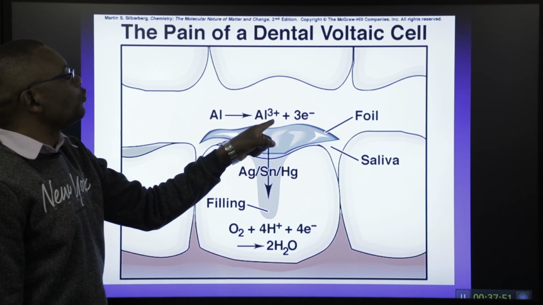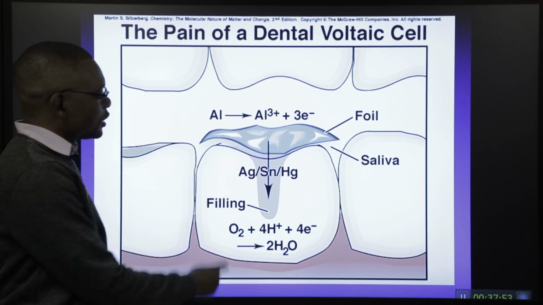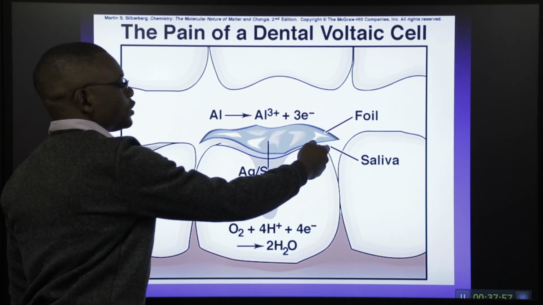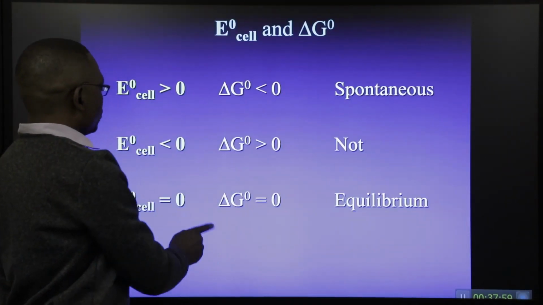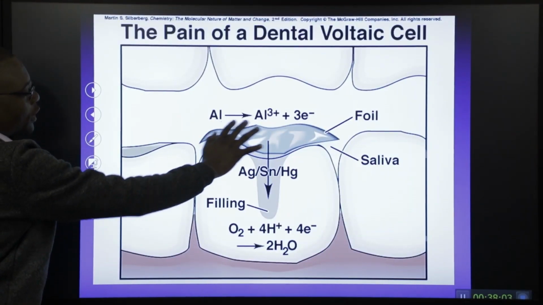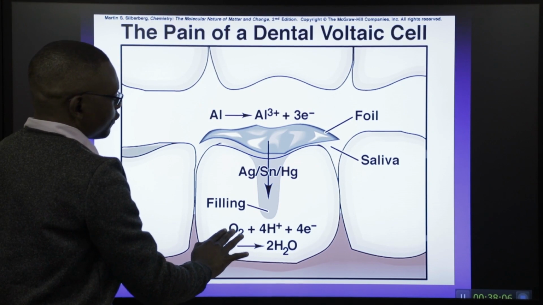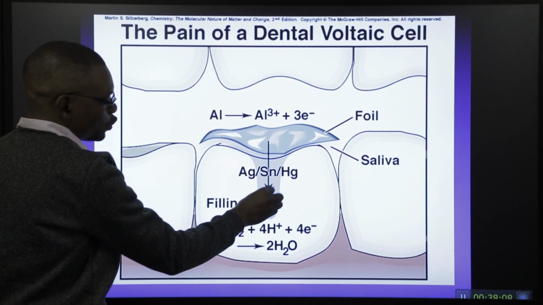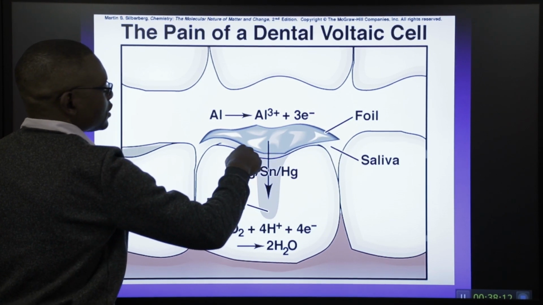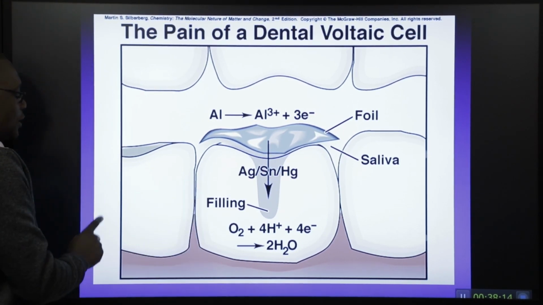The aluminium will pick up electrons which are generated from this, and then you've got a silver lining here which will allow the reaction to take place such that you have a filling in your tooth as a result of the saliva that is acting as an electrolyte. Okay.